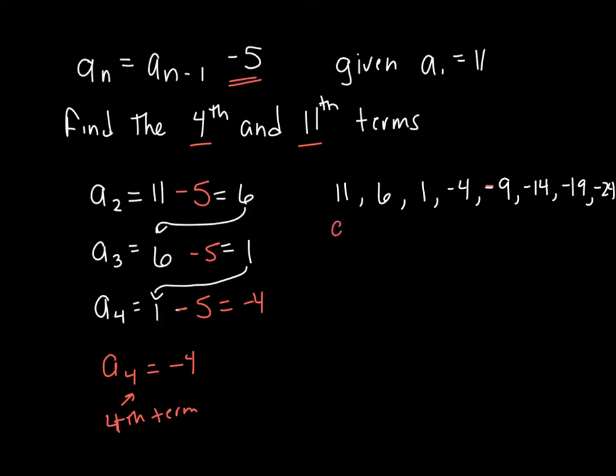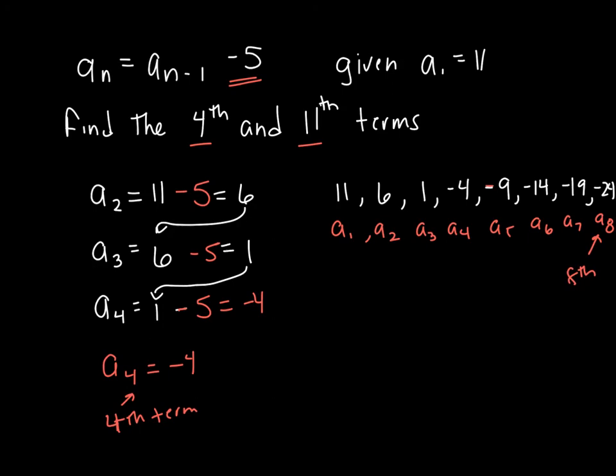This is A1, A2, A3, A4, A5, A6, A7, and A8, which again means the 8th term. We're not done yet. If we're going to find the 11th term, we have to keep going.